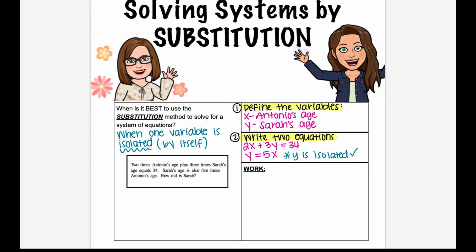So since y is isolated, we can use substitution. As we work this out, there's kind of a two-step process now that we're actually going to start the work. So step 3 is going to be the substitution part, the main substitution piece.